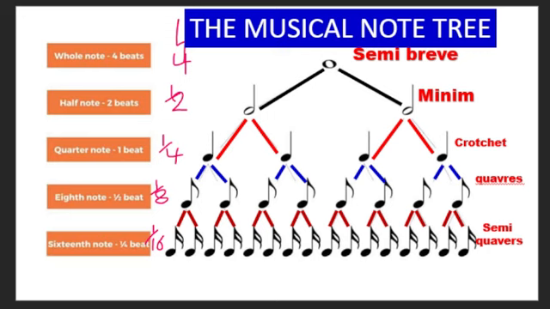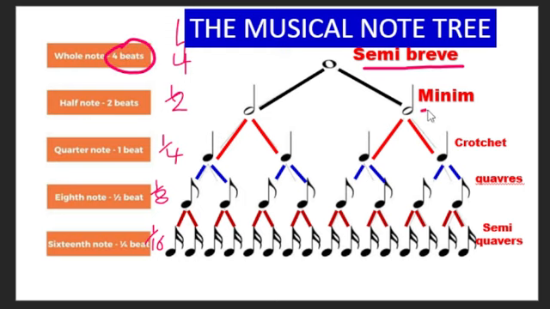Now here we have the tree. The first note, the highest note, which is the whole note, is the semibreve. The semibreve is the first one that has four beats or four counts.